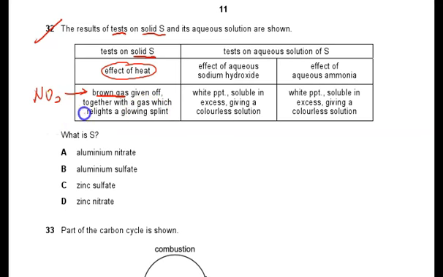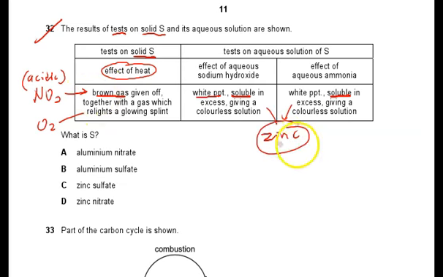So it will also release oxygen here. Okay, so this is slightly acidic. You will change your blue litmus paper to red, and then if you notice here, the white precipitate is soluble. So if soluble, here should be zinc. So your best answer here will be zinc nitrate.